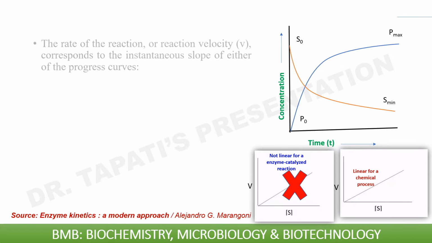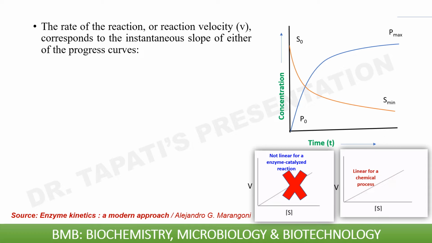The rate of the reaction or reaction velocity V corresponds to the instantaneous slope of either of the progress curves. Either the slope of the progress curve of substrate or the slope of the progress curve of product. So we can represent velocity V is equal to the slope of the substrate progress curve, that is equal to minus dS by dt.